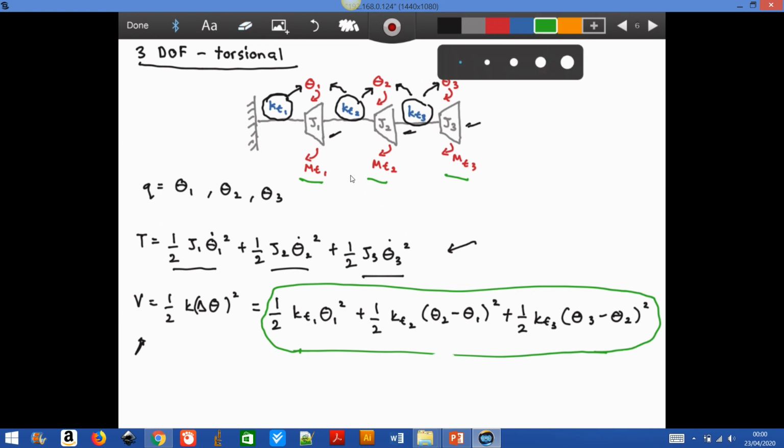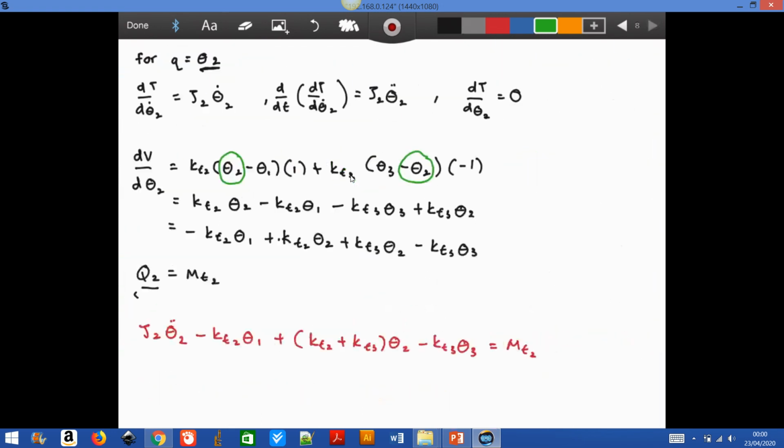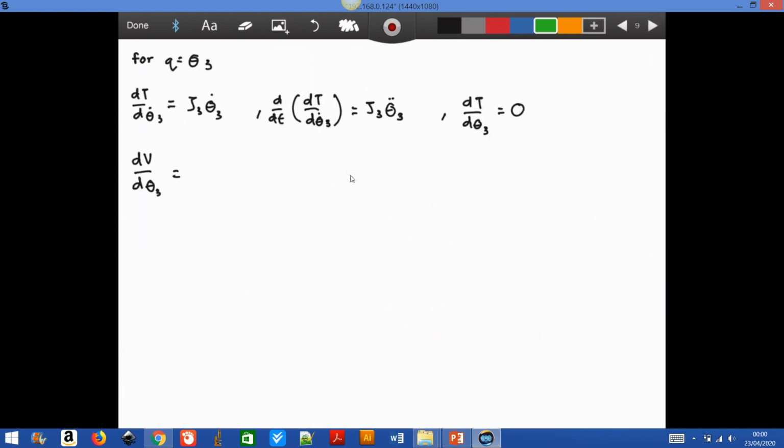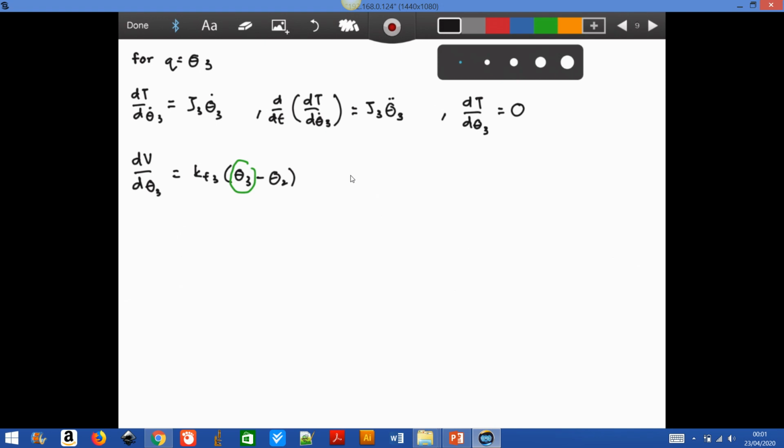So for theta 3, because we need to differentiate V towards theta 3, we only have one term of theta 3 here. Therefore, dV over d theta 3 would become kt3 (theta 3 minus theta 2). Alright, don't forget the inner part here, divided by 1.